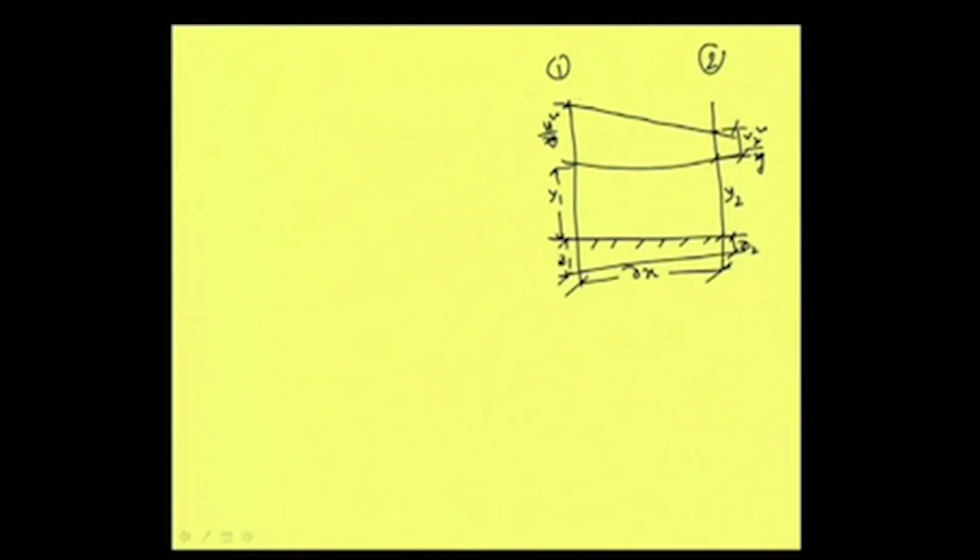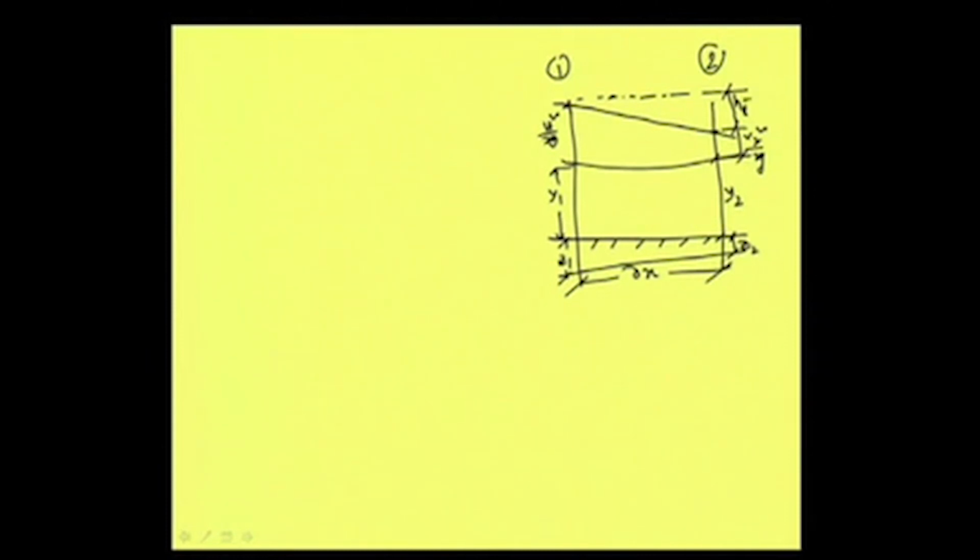And there is definitely some energy loss. When we draw it parallel to the datum, then we will find that there is a head loss, and this head loss we can write as HL. In fact, this head loss has two components.